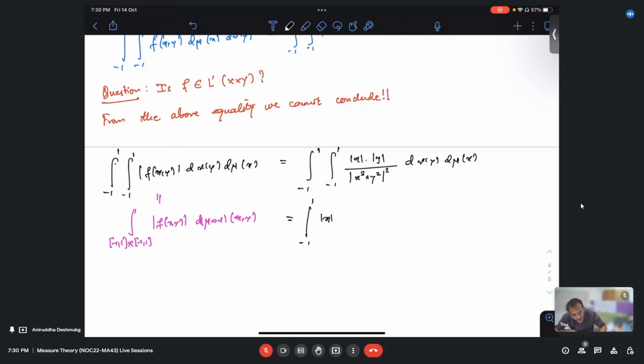Mod y from minus 1 to 0 is still the same as from 0 to 1. So it is the integral 0 to 1, 2 times y over (x square plus y square) whole square, d mu y, d mu x.